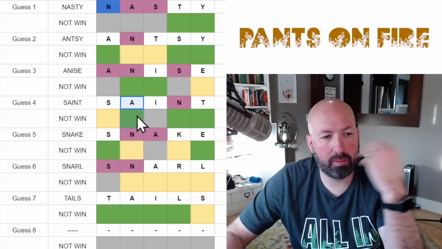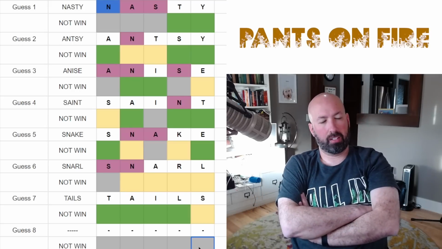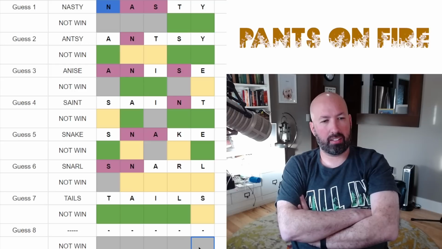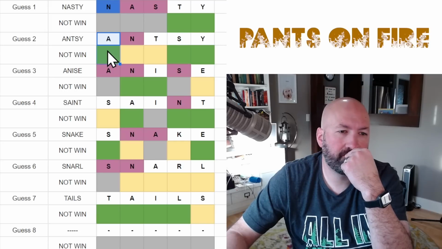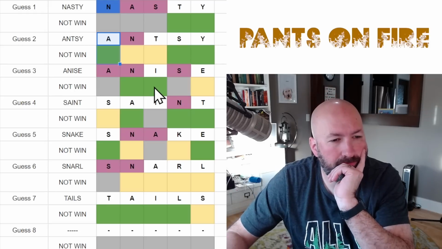So this A would have to be somewhere else, but we already think the A has to be somewhere else anyways. Could the I be third, the S at the end, and there's an A first or fourth? That would make this A the truth. It could work actually. I third.